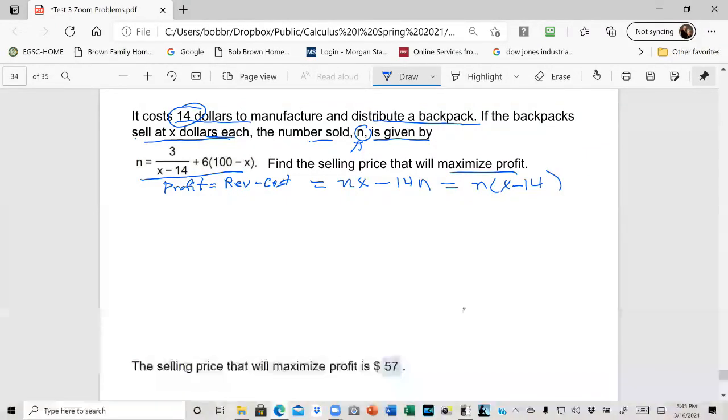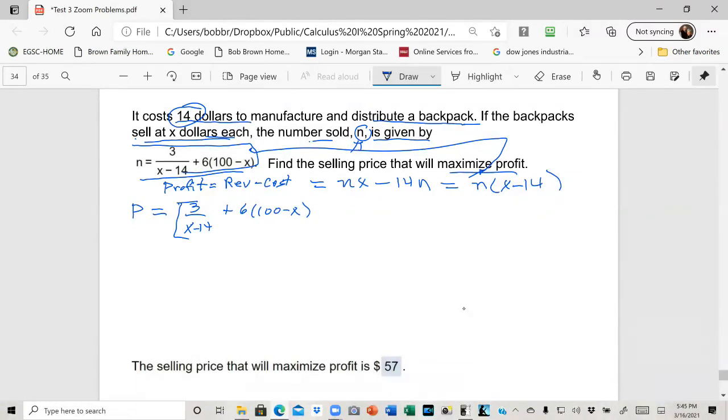And we're given that N is this formula here. So we can say that the profit P is equal to 3 over X minus 14, I'm just going to plug N into this formula. So this is N. We're going to multiply that times X minus 14.